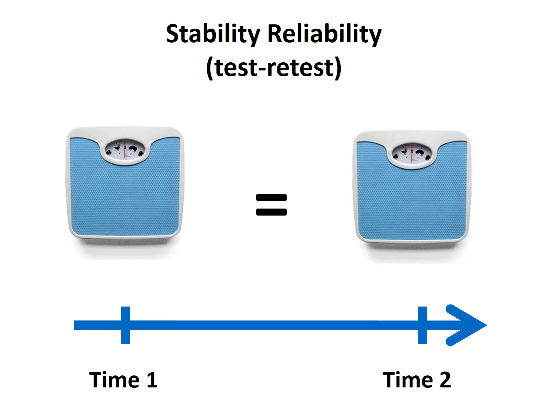If it's reliable, you should expect the same general results. This applies to whether it is a pre-test or whether it is a post-test. So that is the stability reliability, or test-retest.